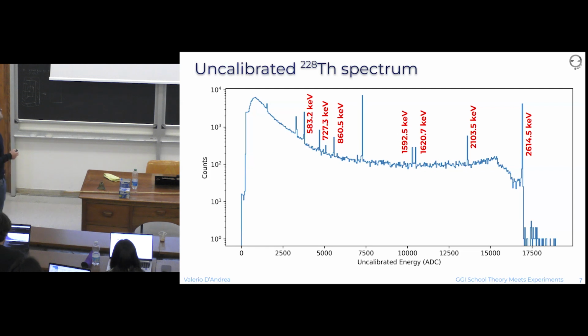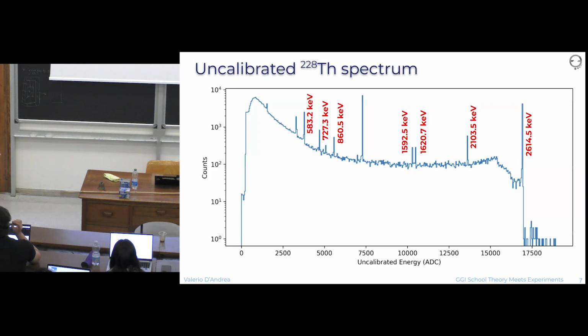This is not coming from the decay of this source, but is something we usually call pulser. We inject an electronic signal in our system at around 1 MeV of energy, more or less, but we cannot use this for calibration because we don't know precisely which energy it is.